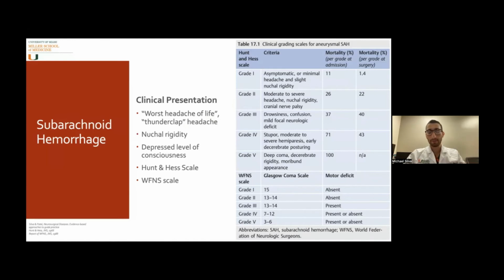This helps predict surgical risk, it's also used for identifying which patients may benefit from an EVD, and it turns out that it also correlates with mortality in these patients. The WFNS scale is a similar clinical grading scale that you may come across.